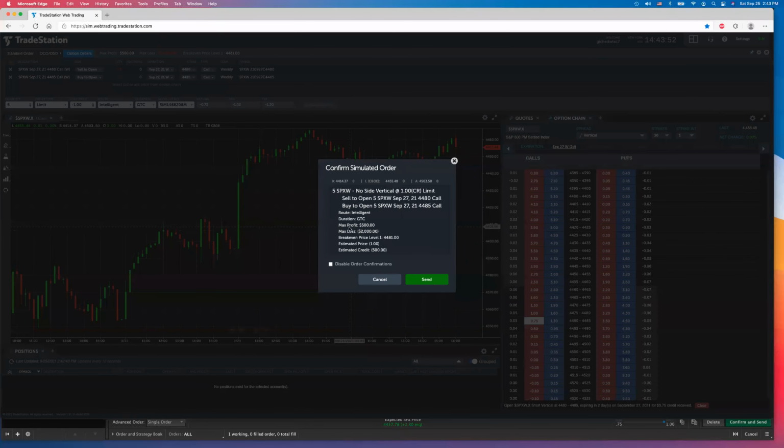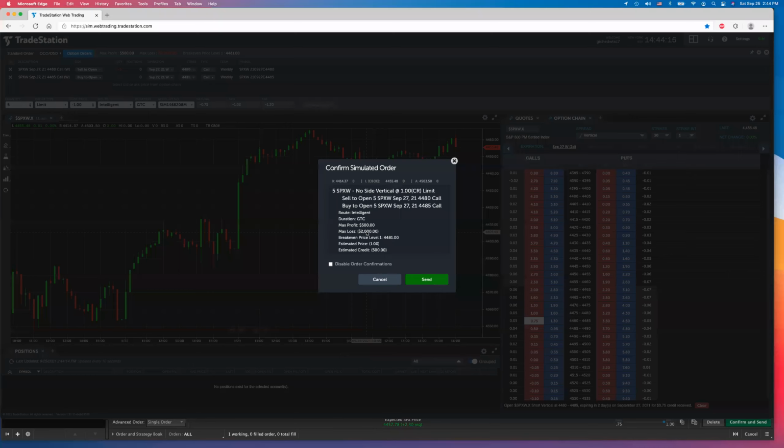Look at that. It tells me that my maximum profit is what we thought it was, which is 500, meaning that it is the premium. Our premium was 1 times 5, and that's how we got the 500. And our credit, again, 500. Our maximum loss is 2,000. How did we get 2,000?